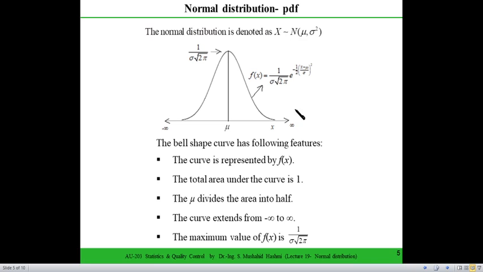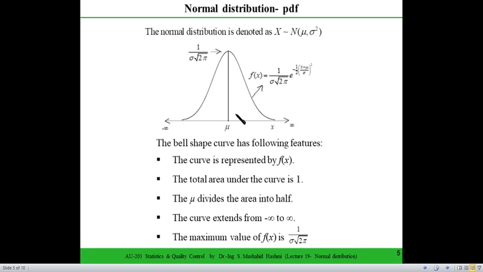And as we know, in order to be a valid PDF, the area under the curve of this distribution, so if you integrate this function from minus infinity to plus infinity, you always end up with 1. So we can see that the total area under the curve must come out to be 1.